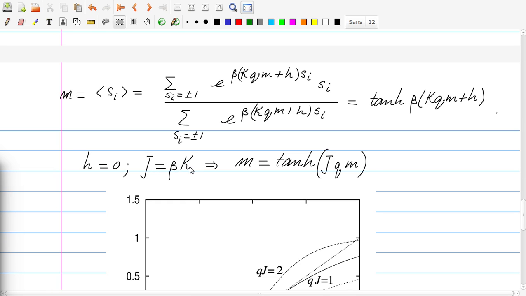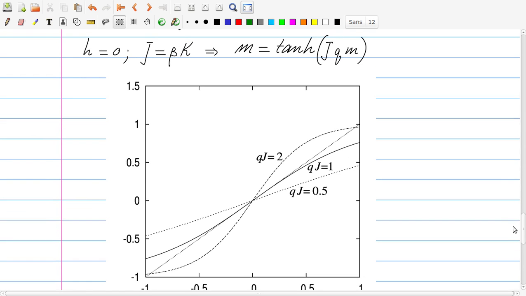So k is the bare coupling constant that occurs in the original Hamiltonian, and we multiply that by beta because it's only that combination which occurs in the Boltzmann factor. And in that case, this self-consistency equation acquires the form m is the hyperbolic tangent of J times q times m.